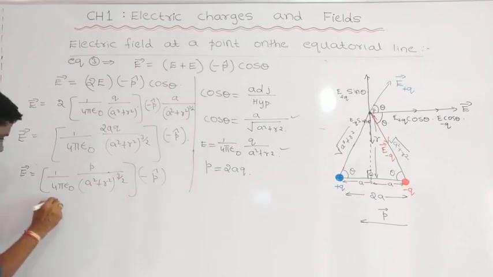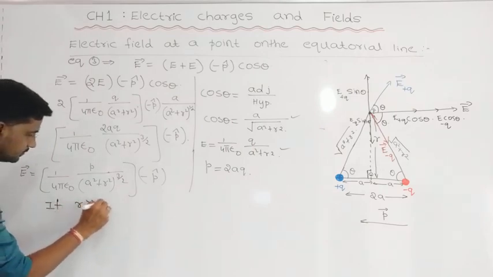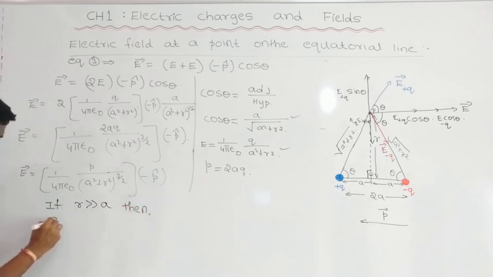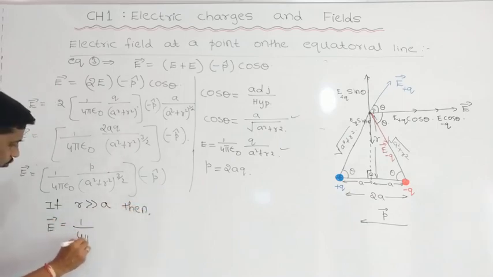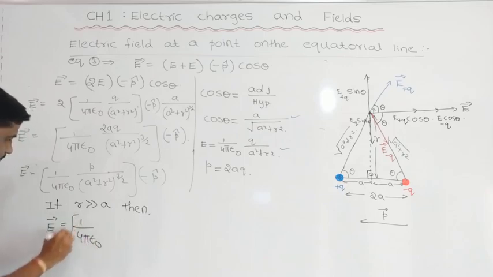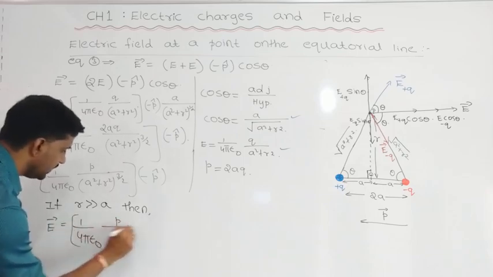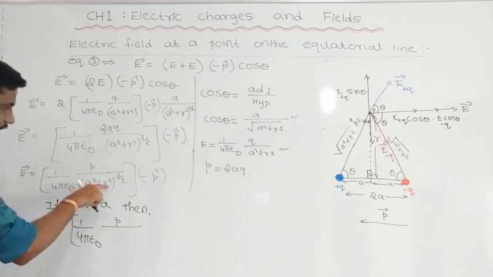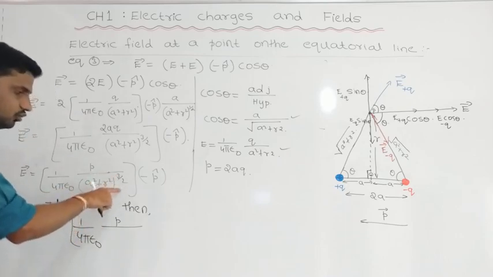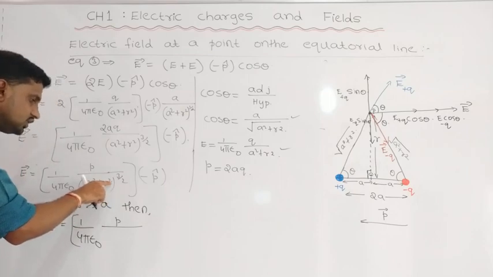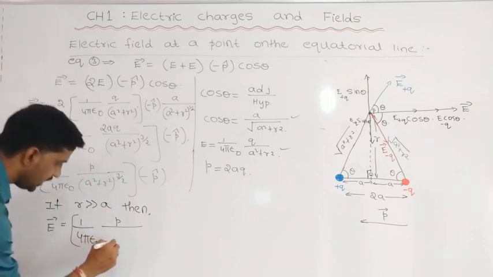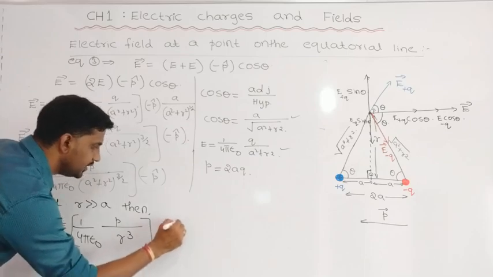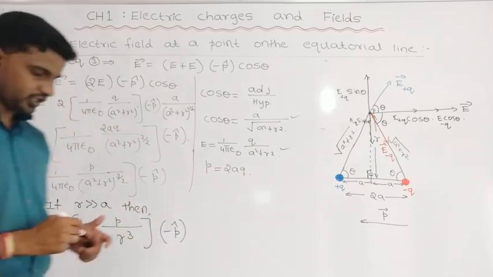Then if r is much greater than A, I will get E vector is equal to 1 by 4 pi epsilon naught P divided by, neglecting the term A, r square to the power 3 by 2. R square to the power 3 by 2 means the 2 gets cancelled. Finally I will get r cube, into minus P cap. Okay.